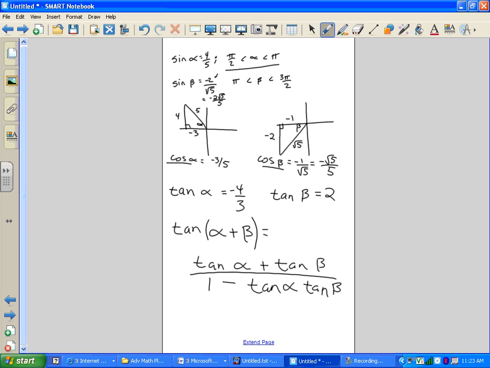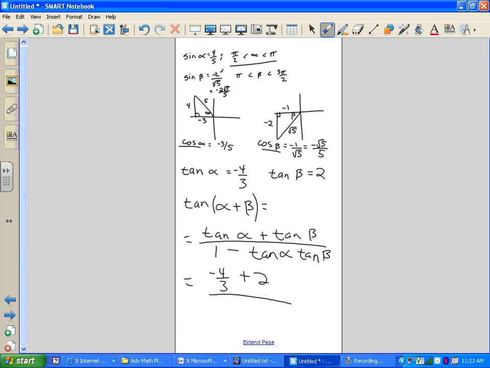Okay, now let's plug all this in. So tangent of alpha was -4/3. I got -4/3 plus the tangent of beta was 2 over 1 minus tangent of alpha times tangent of beta. So that's -4/3 times 2.